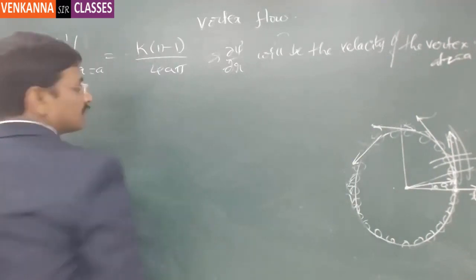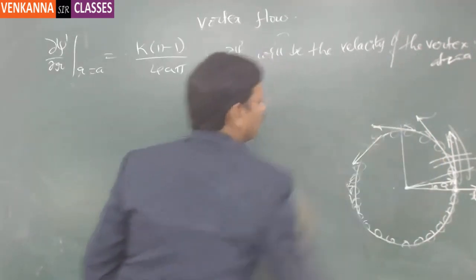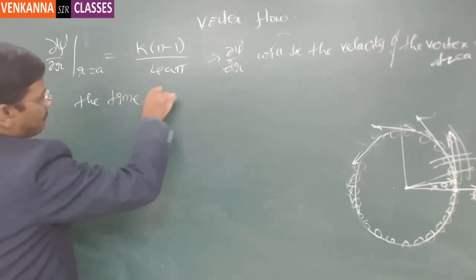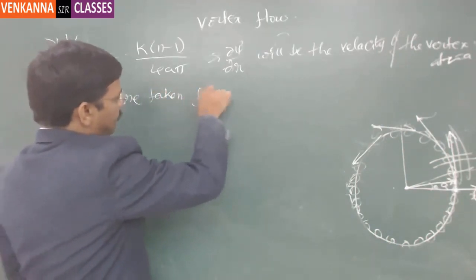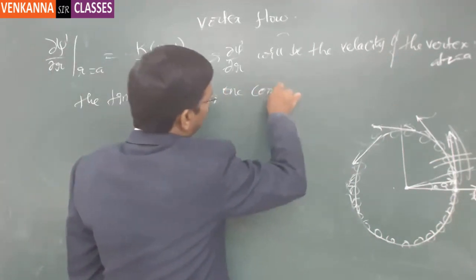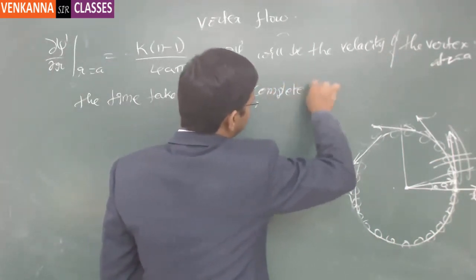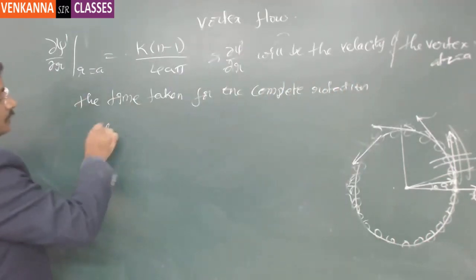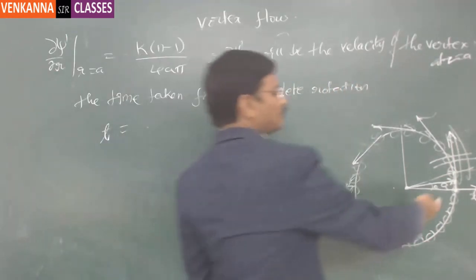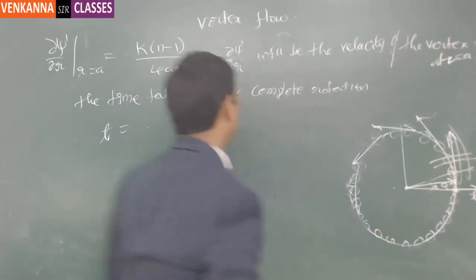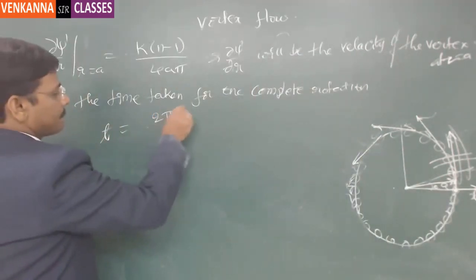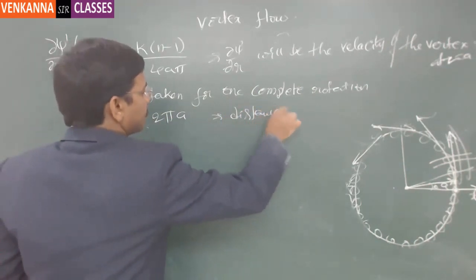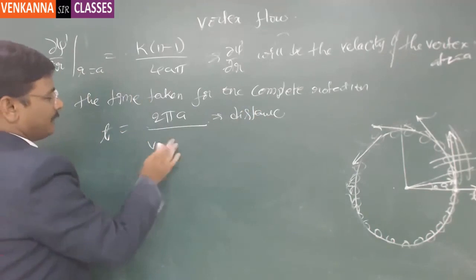Now with this velocity, if it is moving tangentially, then the time taken for one complete rotation will be t equal to, so total distance it has to travel will be 2πr, so 2πa, this is the distance, divided by velocity.